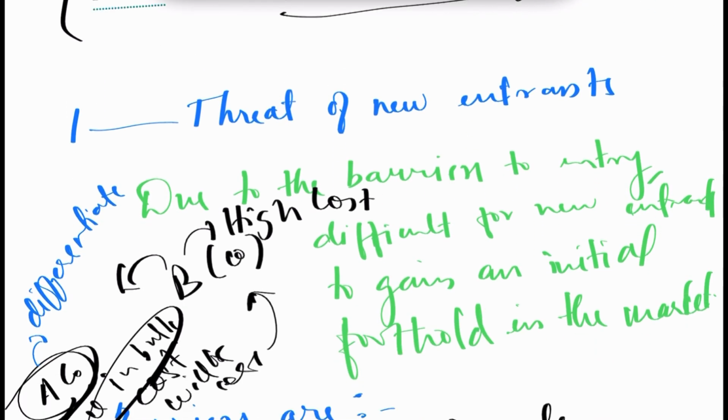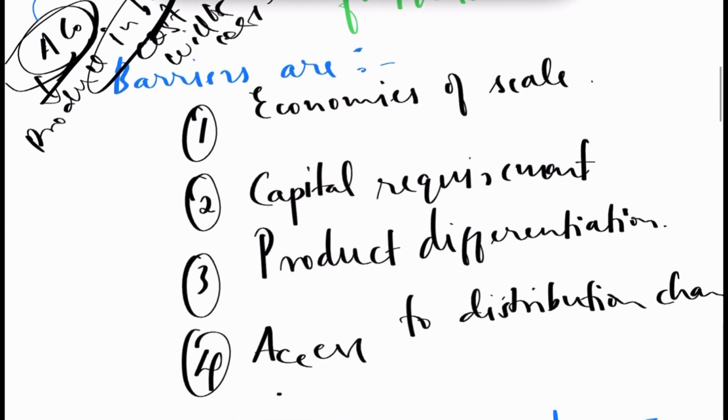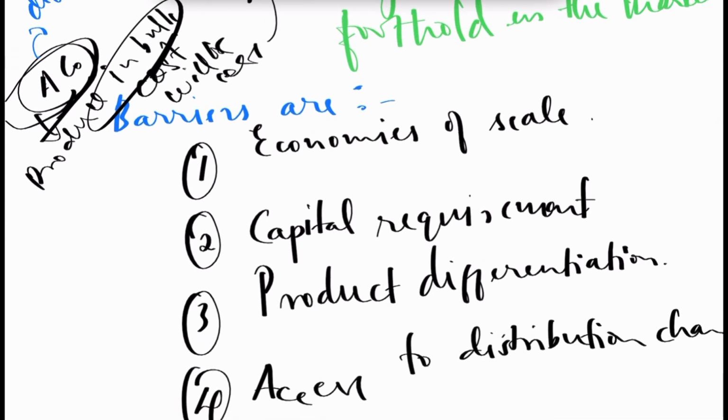Threat of new entrants means the new entrants will face barriers to enter the new market. So what are the barriers? Economies of scale in production: the existing companies will produce in bulk, which will reduce the production cost, so this will create a barrier to the new entrants. Capital requirement: huge initial capital is required, which the new entrants may be unable to raise.